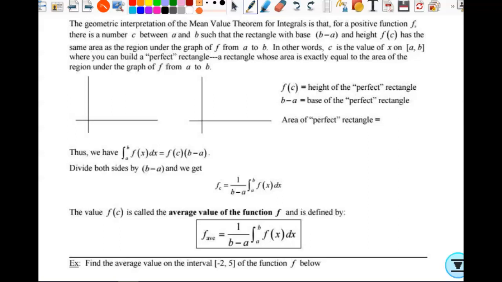So let's say that I have this function that looks something like this, going from A to B. I've got some value in there, and I know how to find the area.